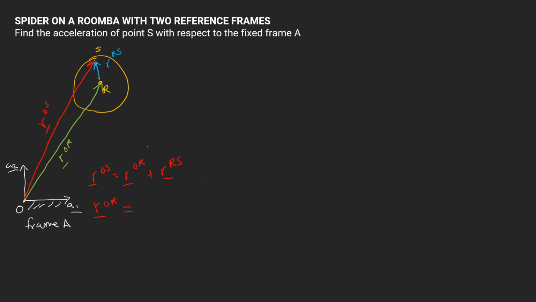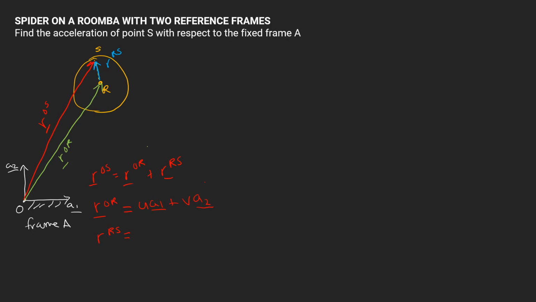So to define our ROR, we say that it has some magnitude, we'll call it U, in the A1 direction, plus some magnitude V in the A2 direction. Now for our RRS, we did the following.